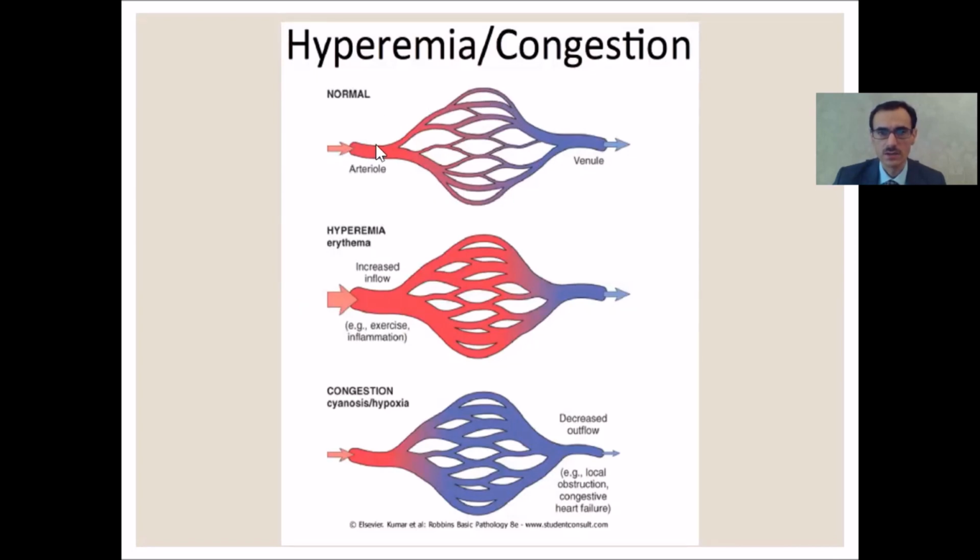You see the arteriole that belongs to the capillary network and the formation of the venule, and the comparison with hyperemia, or another term we call erythema. Erythema is a clinical sign, like a rash in the skin and congestion. You see here mainly the dilatation of the arterioles, and here the capillaries and venules.